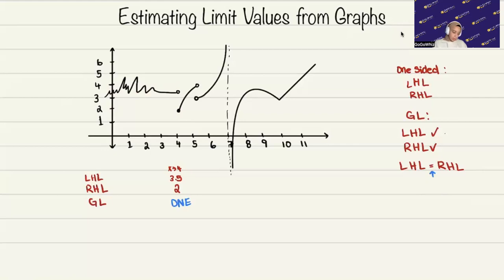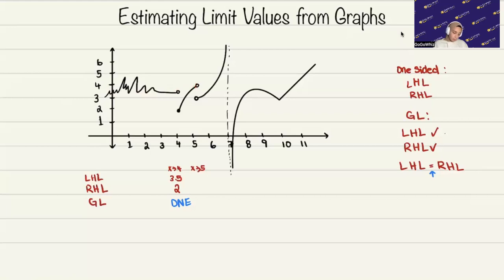Now let's have a look at what happens when we're looking at the left-hand limit and the right-hand limit as x approaches 5. Okay, so as x approaches 5 from the left, let's have a look at that together. So here's 5, right? From the left side, it looks like I'm approaching 4.